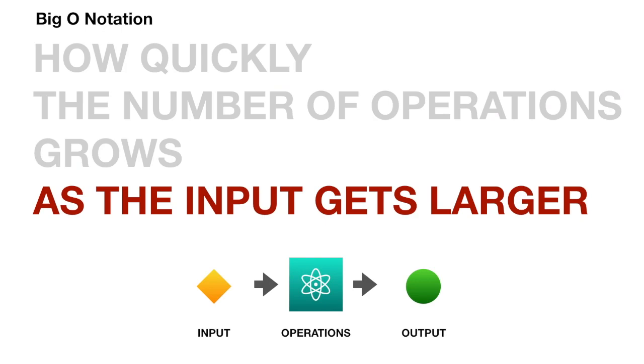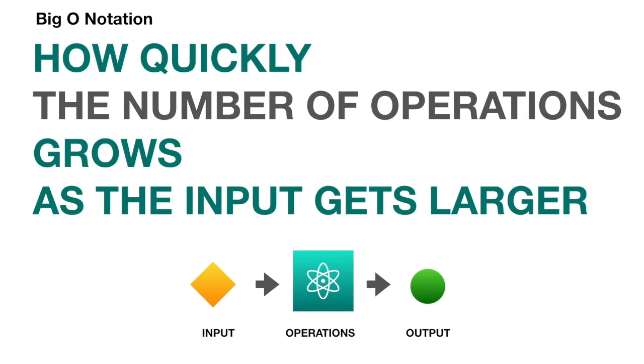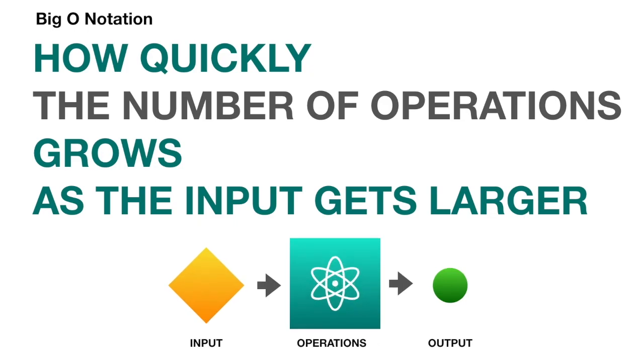Input can get large really fast. When that happens, we want to know how our algorithm handles the pressure. There might be a variety of steps in our algorithm, but we only care about the ones that increase the fastest as the input grows.